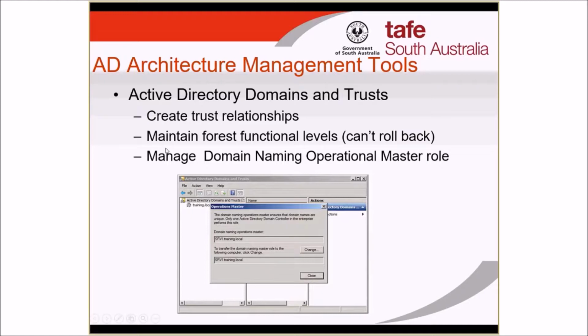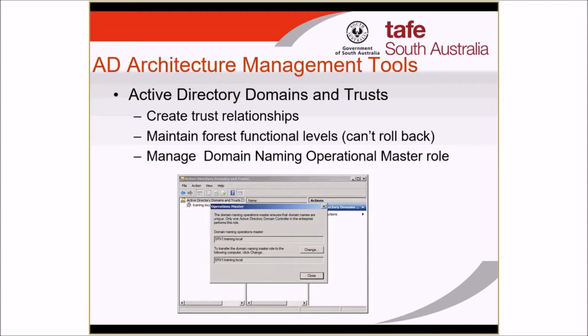It also maintains the forest functional level. If you remember, we spoke about how the functional level is what features it can use, and in this case it applies to the whole forest. So what does that mean? If we have a forest with Server 2003, Server 2008 and Server 2016 servers, we can't use everything that 2016 can do because some of these older servers can't.